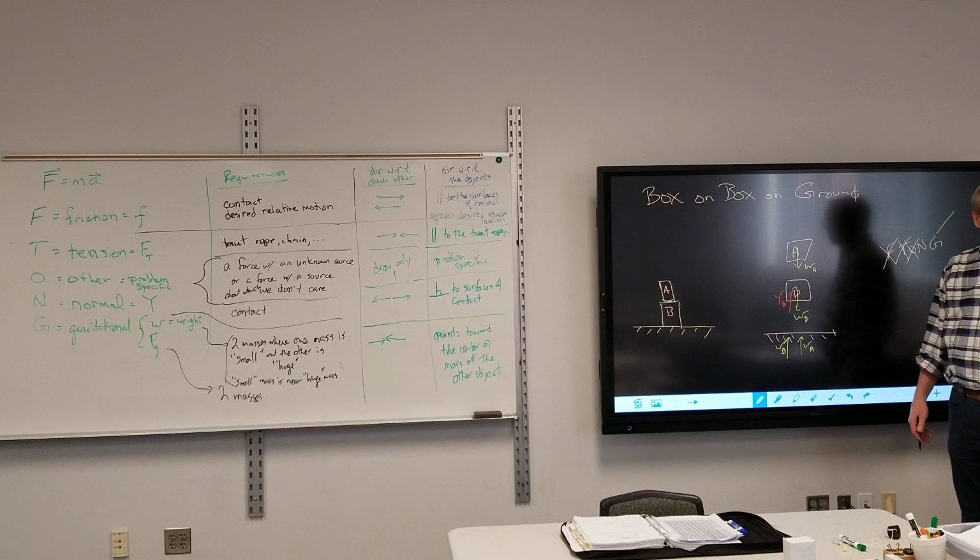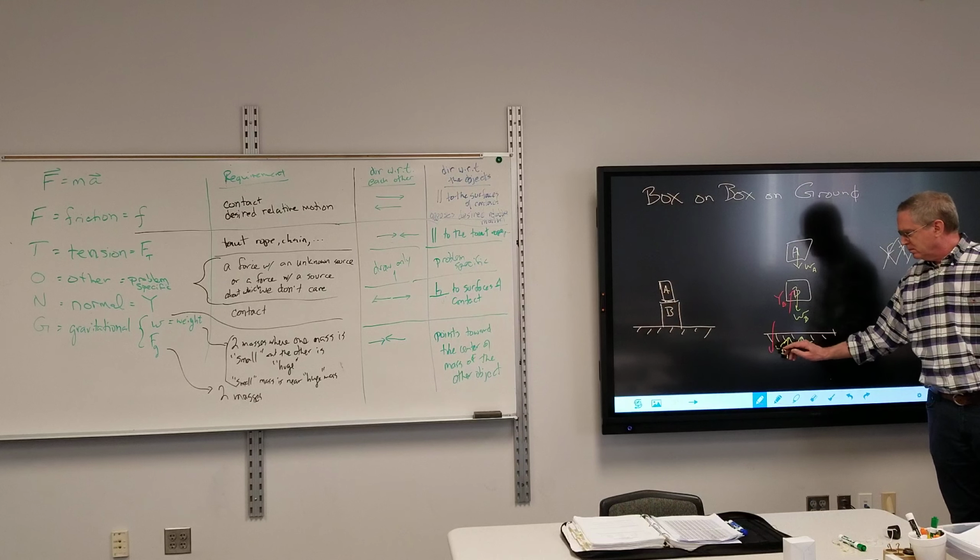The box is pushing down on the ground. Then you said B is pushing up on A. What's the other part of that pair? A is pushing down on B. And done. That's a lot of arrows.